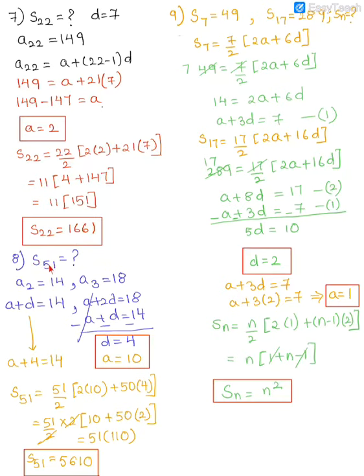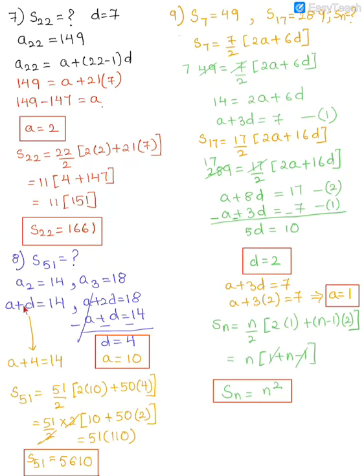In the next question, S51 is asked. That means this n is 51. A2 and A3 are given to you. What is A2? A plus 1D is equal to 14, and what is A3? A plus 2D is equal to 18. So I'm writing them one below the other, and by the method of elimination I am getting D as 4.